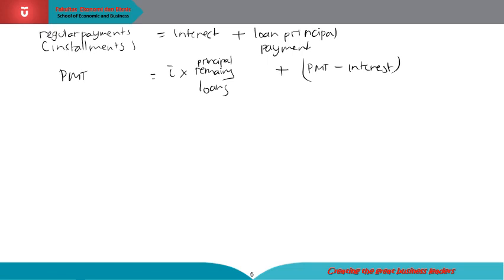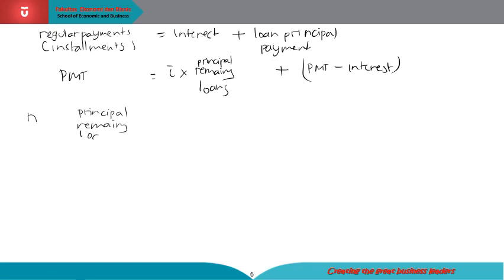Next I will make a table for this material. I will put here the year, N, and here the principal remaining loans.